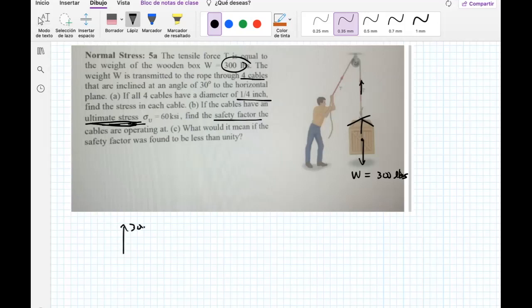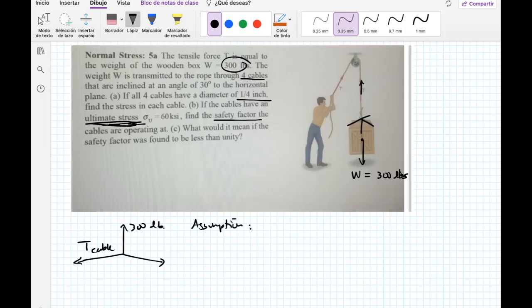So we have this 300 going up. If I just look at the profile, I have these cables. This is the rope, and it's trying to pull up 300 pounds. And this is a cable whose load I don't know, so I'm going to put T cable here.